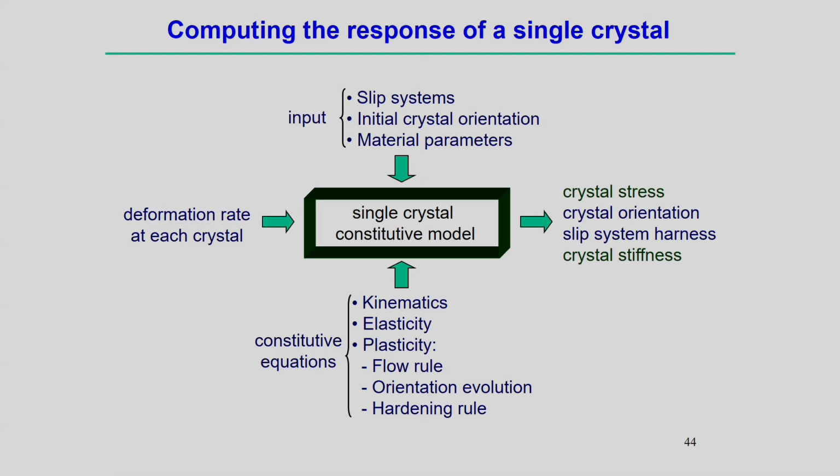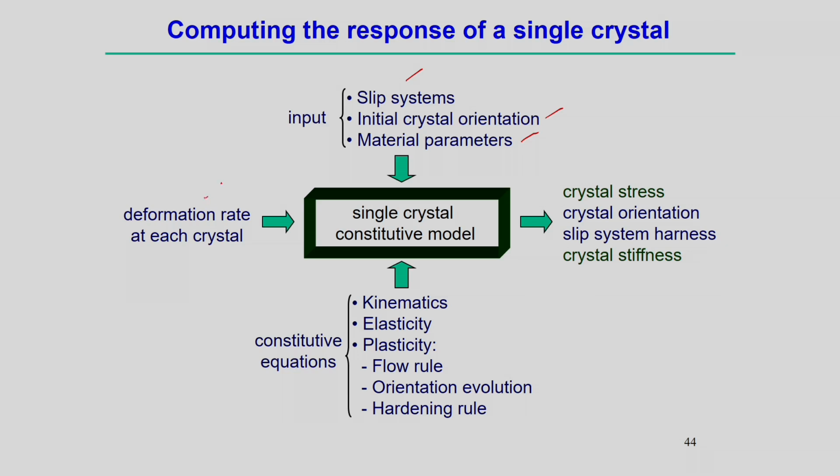I can give an example: computing the response of a single crystal structure. How can we do this, and what inputs are required? For the input, we should know the slip systems for a particular metal, the initial crystal orientation, and the material parameters involved.